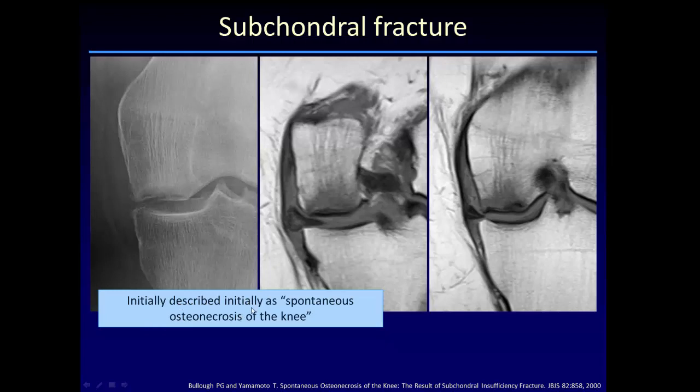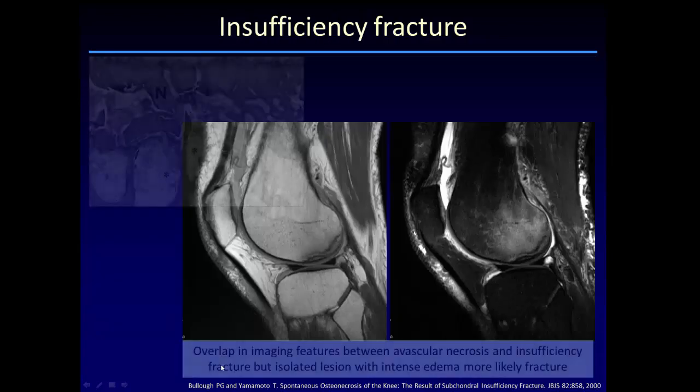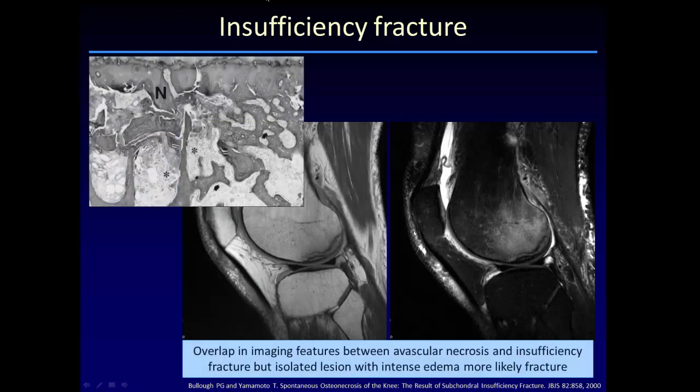And there is some beautiful work from Bullough and Yamamoto from New York showing the histology of this entity. They initially described spontaneous osteonecrosis, but subsequently have realized that this is an insufficiency fracture. And here we see from their article the microfracturing that is taking place and failure at the subchondral bone plate.